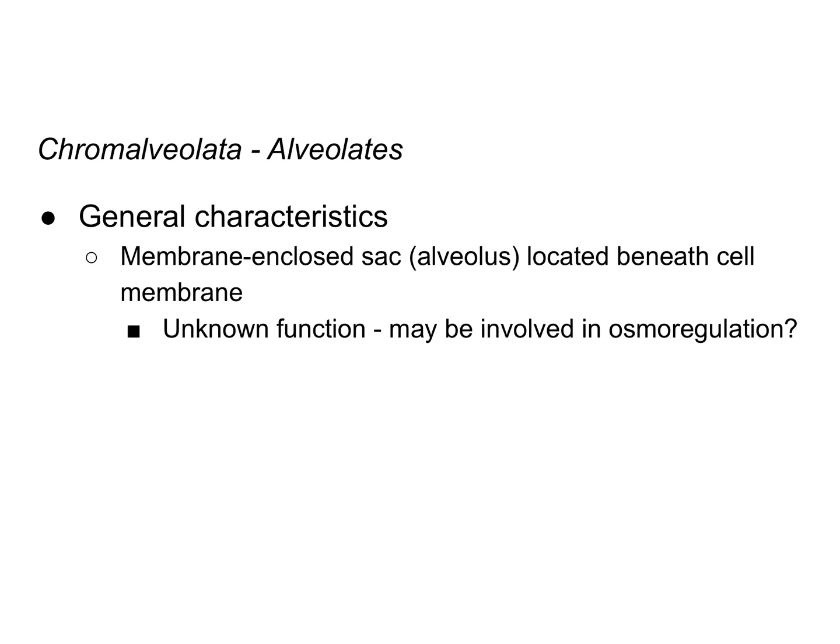So starting with the alveolates, the general characteristic of this group of protists is a membrane-enclosed sac known as an alveolus. And if you're familiar with anatomy and physiology, inside human lungs, you have these pockets where gas exchange occurs. And these little pockets or sacs are known as alveoli.